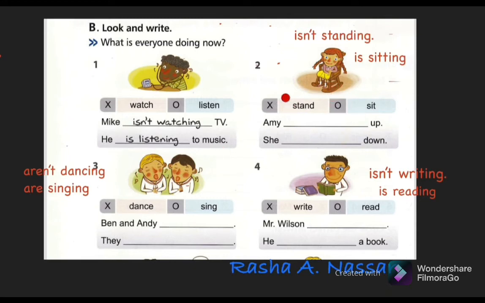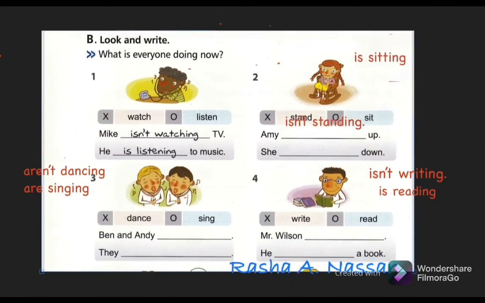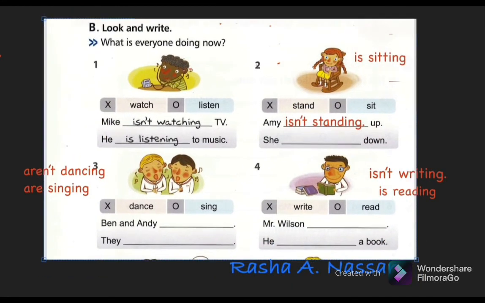Okay, so number two, look at the picture here. Amy is not doing what and is doing what? Amy is not standing up. So what is she doing now? She is sitting down. So let's read the two examples together.